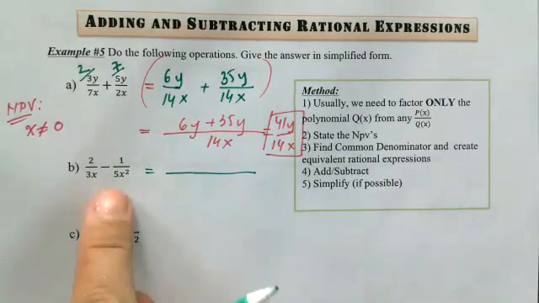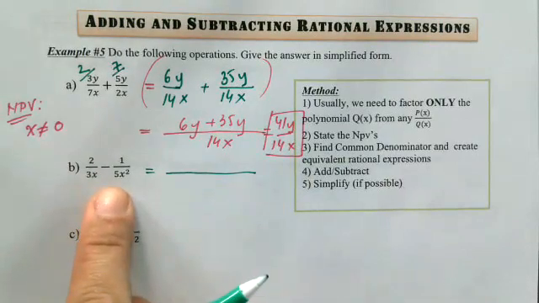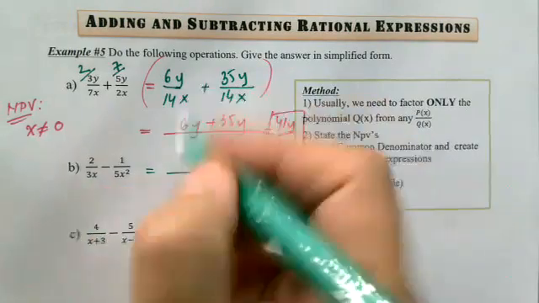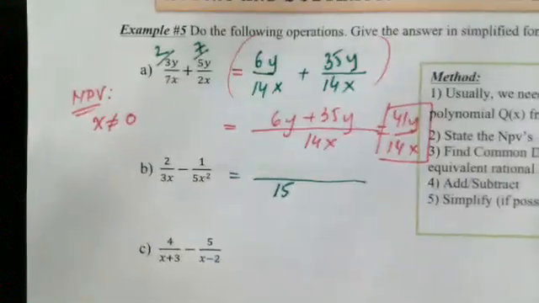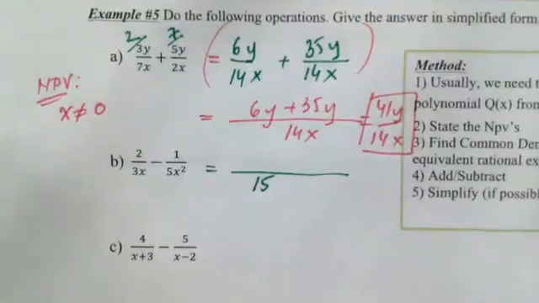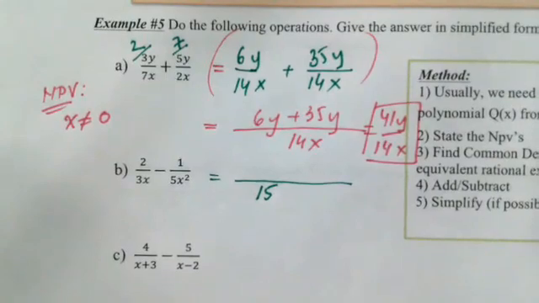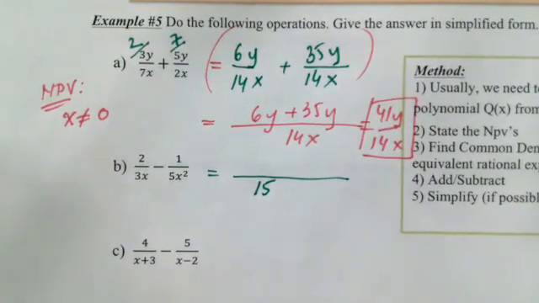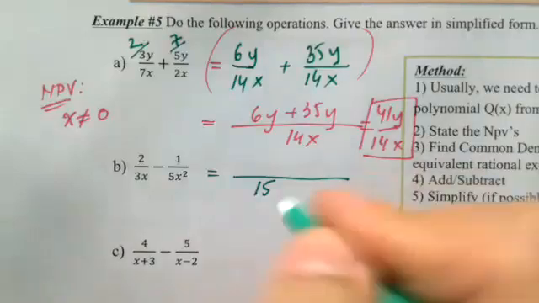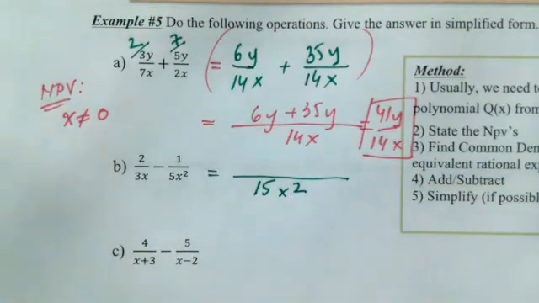So between 3 and 5, the lowest common multiple is 15. You want a multiple that divides both 3 and 5, right? And then between x and x squared, you want the higher of the power, because you want that power to divide both of them. Okay, so never the lower one, you want the higher one. So x squared. So 15x squared is our common denominator.